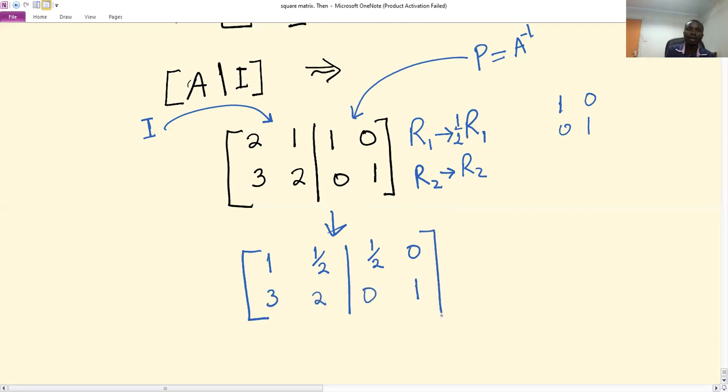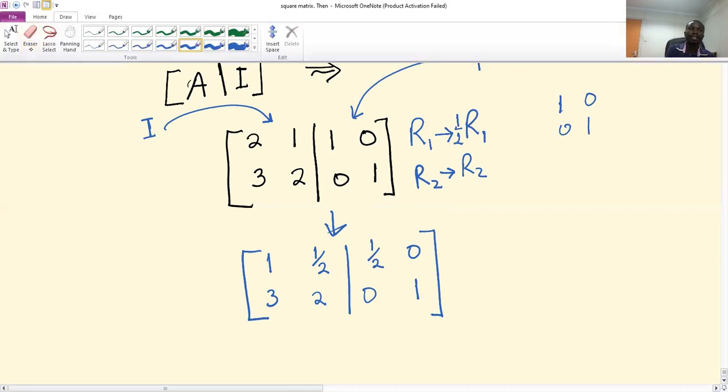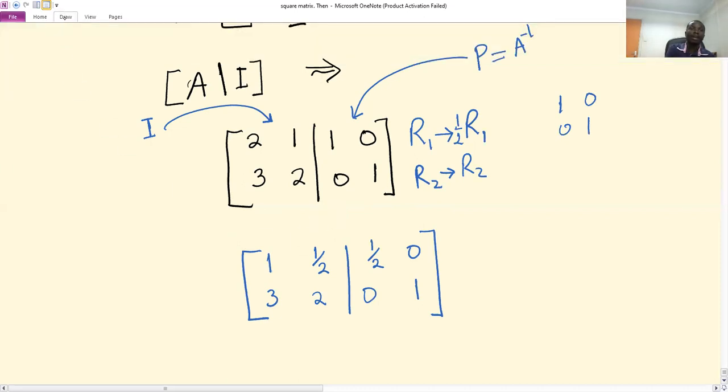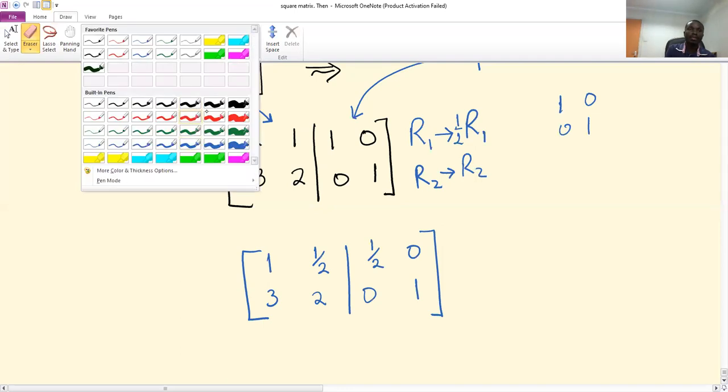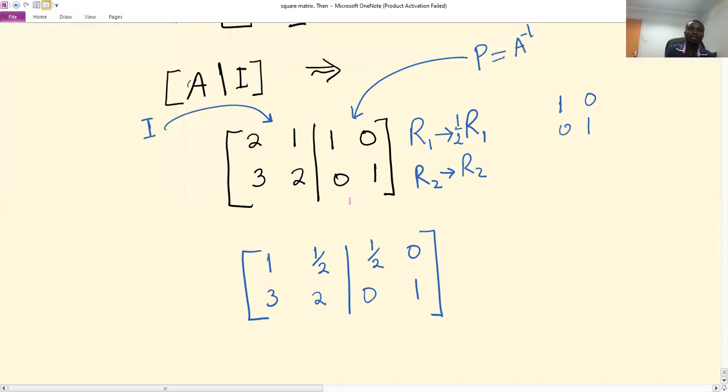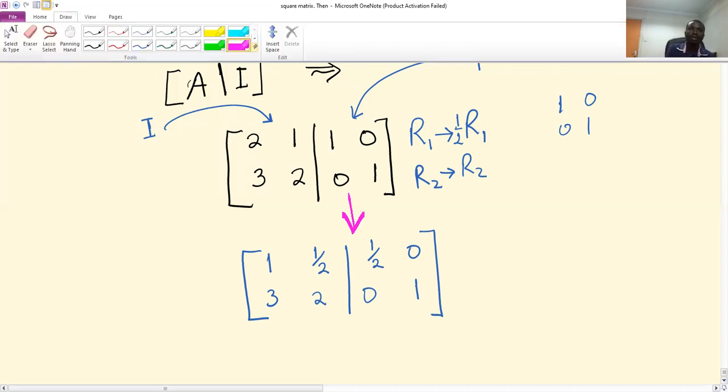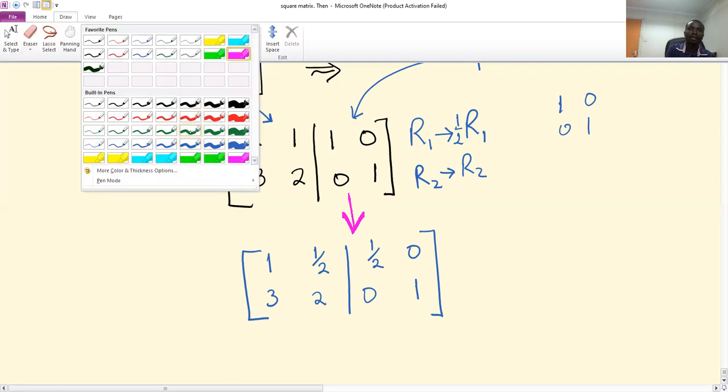When you are carrying out these row operations, it's advised that unless otherwise specified, or unless it is impossible, you try as much as possible to keep all your values in fraction form so that you don't introduce errors in the calculation.